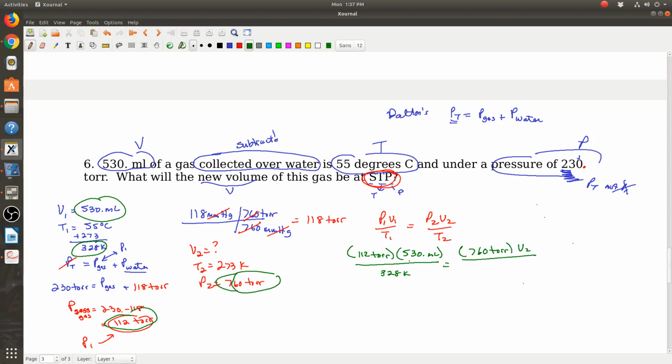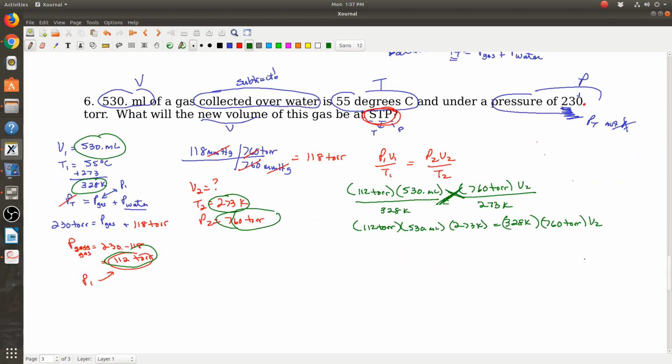V2 is my unknown, and T2 is 273 kelvins. All right, cross multiply and solve. That times that, 112 torr times 530 milliliters times 273 kelvins, equals that times that, 328 kelvins times 760 torr times V2.